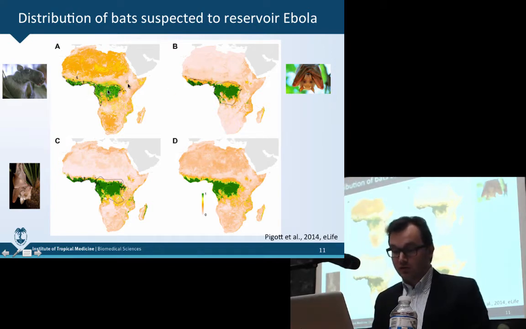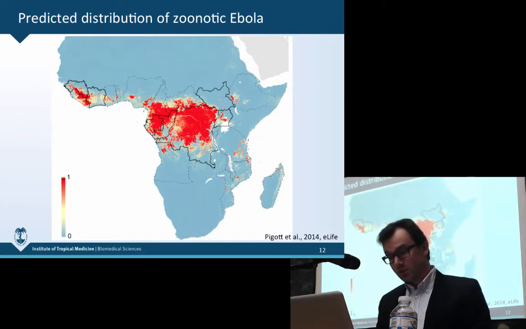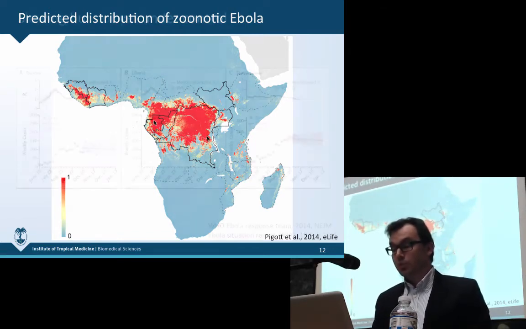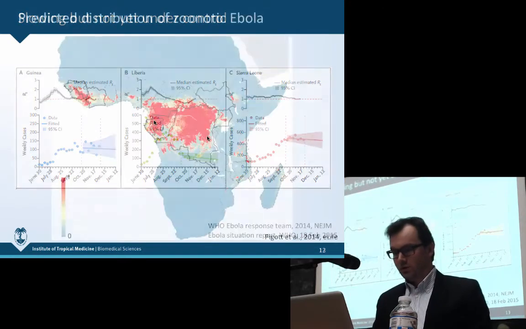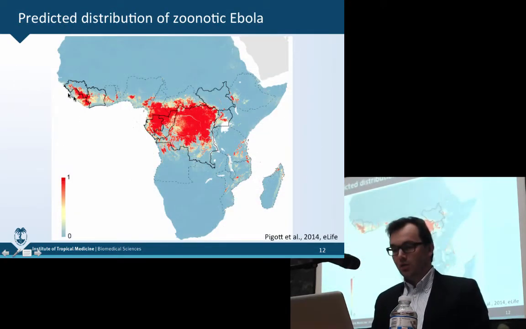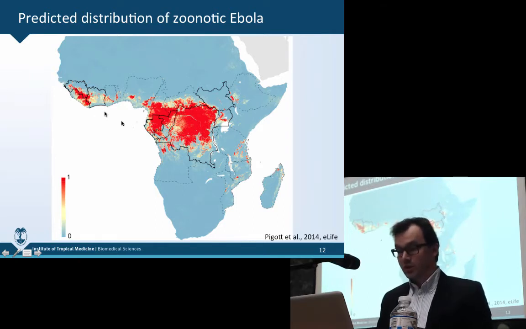Their distribution is in Central Africa, that's clear, but also along these coasts of West Africa. So the potential reservoir is there. So it's probably not that surprising. If you look at the countries at potential risk of Ebola virus infection, these countries in West Africa are also regarded as, or predicted as at risk.